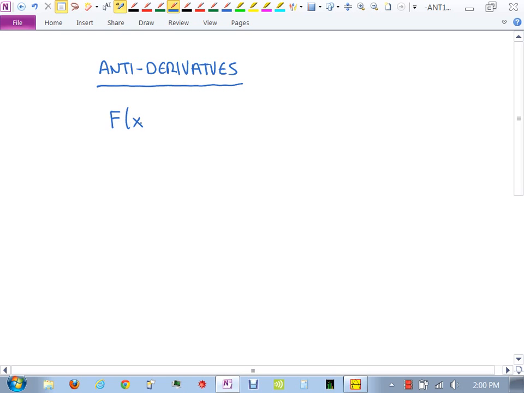I'm not even going to label this as a section because I'm basically just teaching out of my head right now. I'm not teaching out of the book. This is just antiderivatives, what it's all about, kind of, okay?